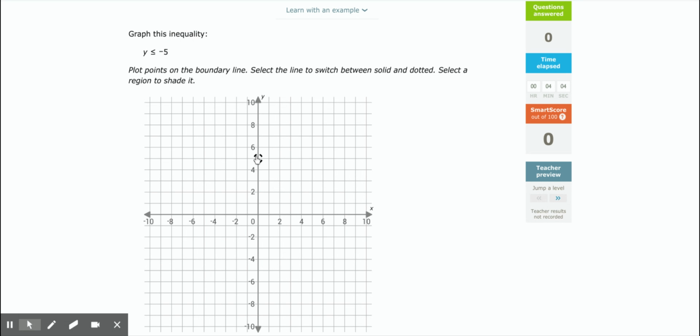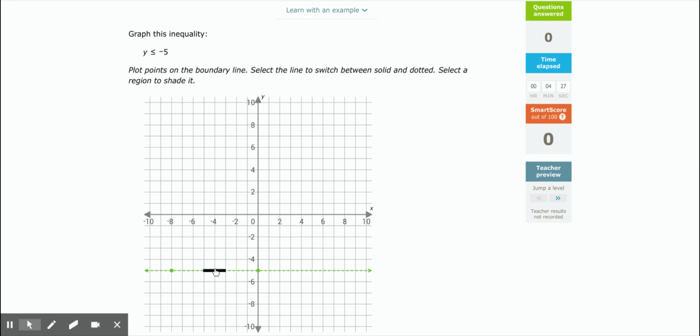And we're going to start to plot our line at -5. So from 0, I would go down to the y value of -5. I'm going to put a point. Anywhere else to keep this a horizontal line, I would plot another point. Doesn't matter where as long as it's horizontal, because all y values on this line would then be -5.